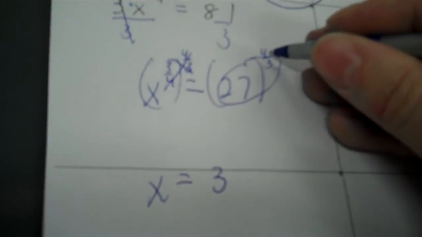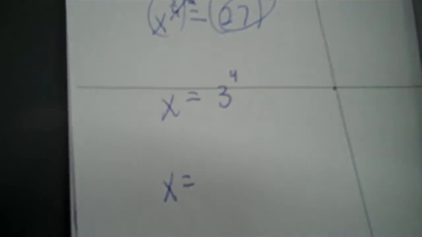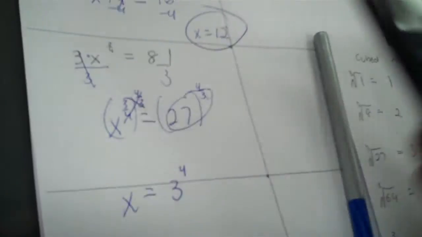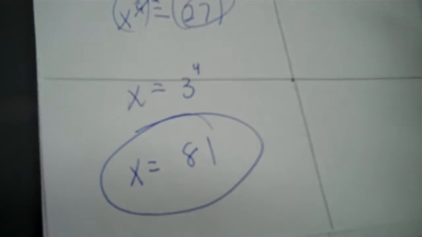Well, that 27 is here, it's 3. And then we take 3 to the 4th, and that's going to give me my answer. So 3 to the 4th power. Okay, I got 81. Okay, next problem.